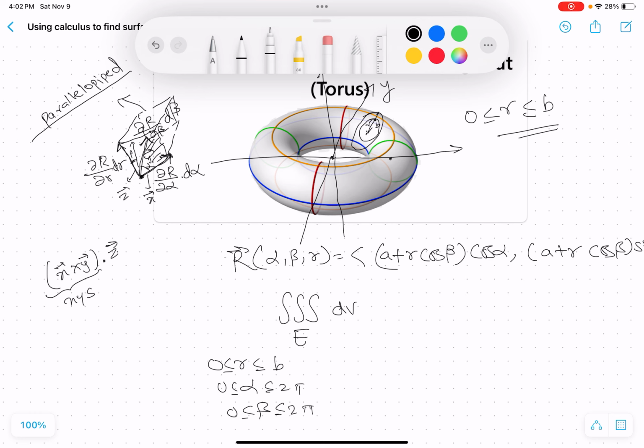This will be |x||y| sine alpha, and then again this will be the modulus of z times cos beta, right? So I will just get the area times just the height. I will not get the entire length of the z vector, but just the height that this parallelepiped has, due to which this will just be the volume of the parallelepiped.